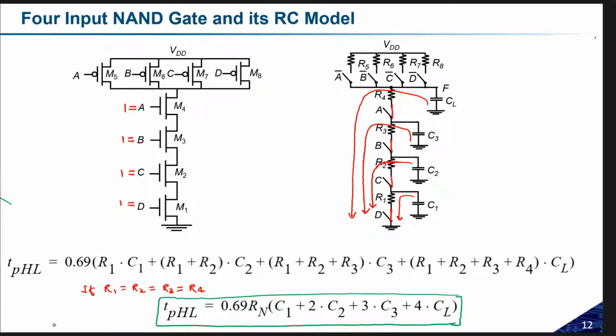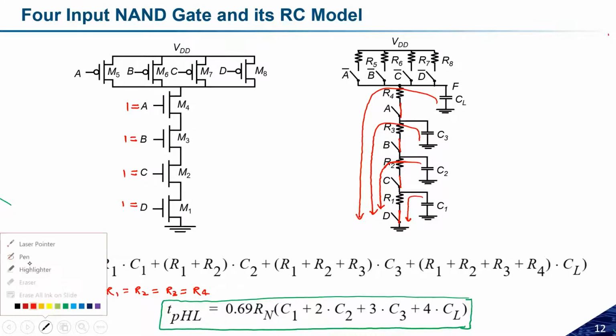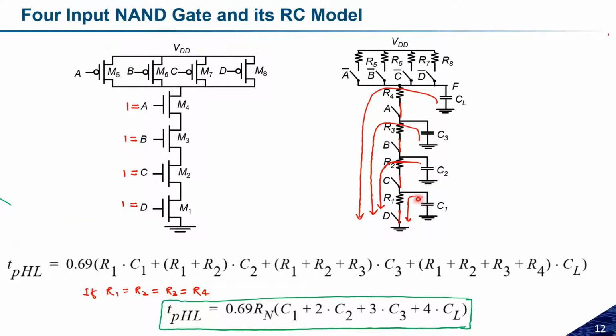So one very important thing that needs to be considered here is that if I have more transistors, we will have more internal capacitances, and the total time taken by this circuit to discharge the load capacitor is a function of all the capacitances.